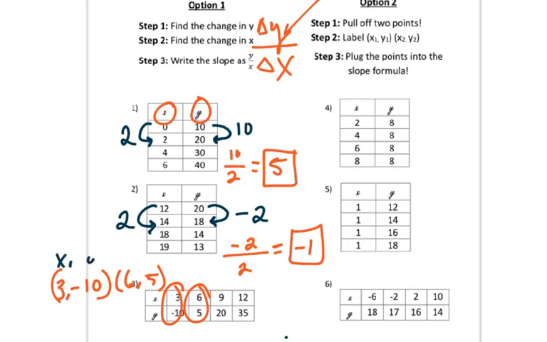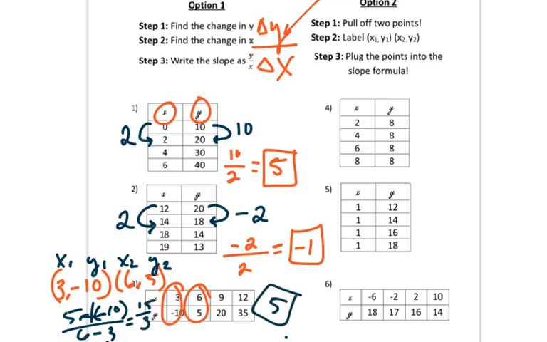Find your x1, y1, x2, y2. The change in y, y2 minus y1 over x2 minus x1. 15 over 3. 15 divided by 3 is the number 5.